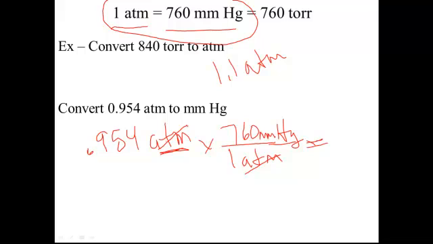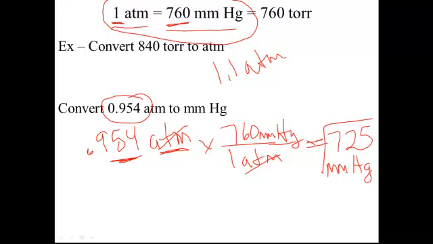And again, 3 significant figures. Remember, don't use these with your significant figures. We're just using the numbers that they give us in the problem. And I get an answer of 725. Do the math yourself here. Make sure that you're getting the same answer as I am. I very easily could be making a calculator mistake and getting the wrong answer.